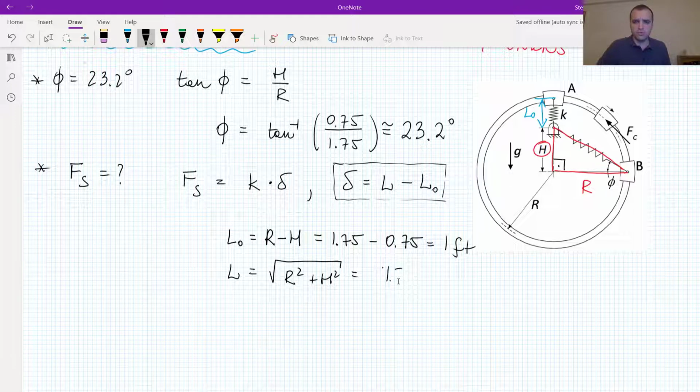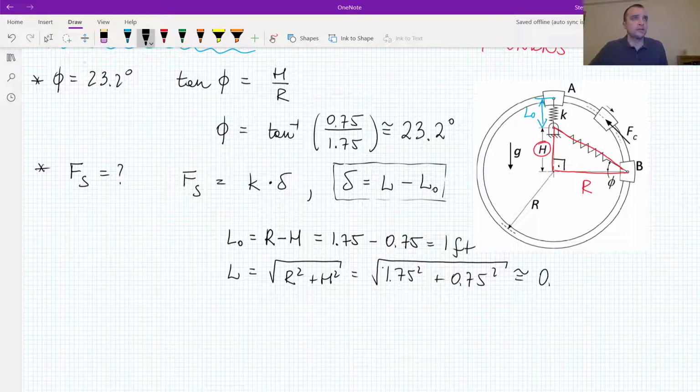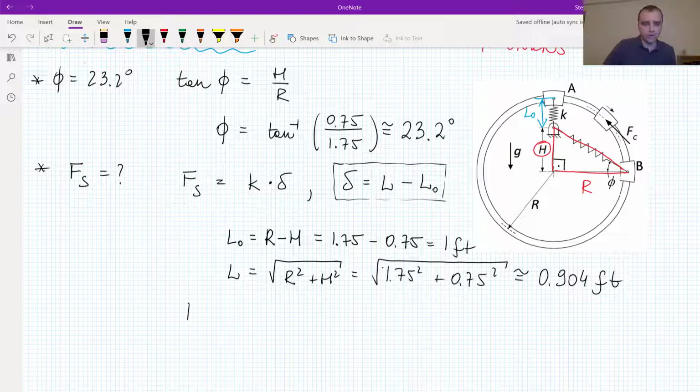So this will be 1.75 squared plus 0.75 squared. And if you grab your calculators, you will obtain that this is approximately 1.904 feet.